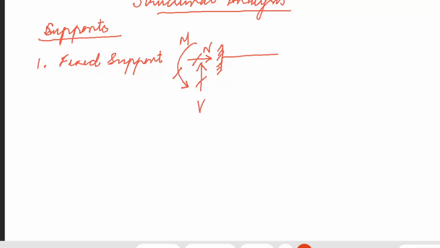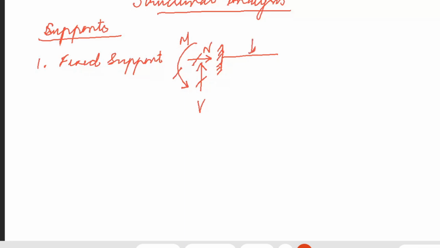If the force applied is 10 kilonewton, I also need to give a reaction of 10 kilonewton so that I will not be moved. Now, if the force from the external source is more than what I can resist, what will happen? I'll fall. Simple.